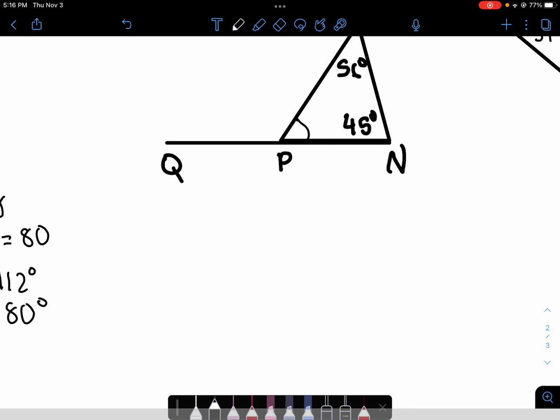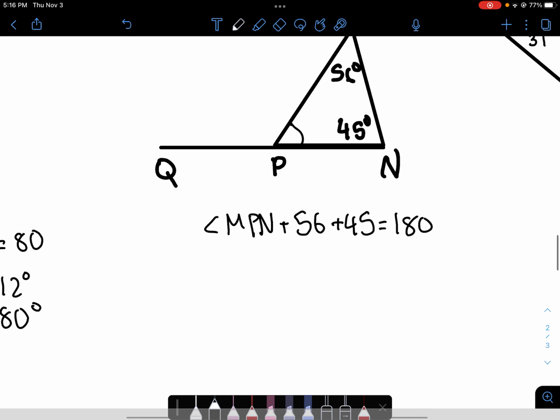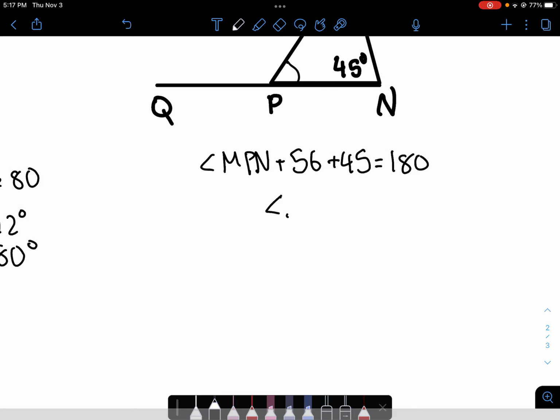So we would do angle MPN plus 56 plus 45 equals 180. And then just subtract. And that equals 79.